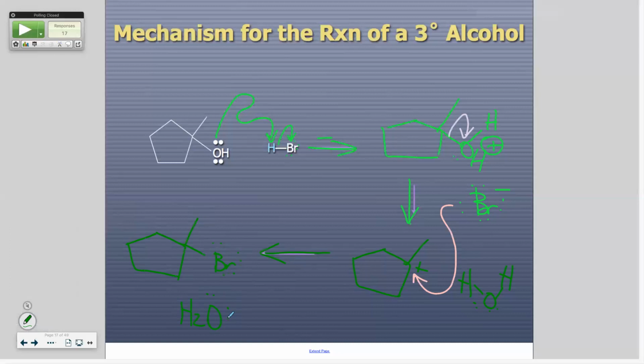3. Okay, so if you're going to draw your reaction coordinate diagram, how many mountains should you have? 3. Which one is the tallest? Which one do you think is the tallest mountain?